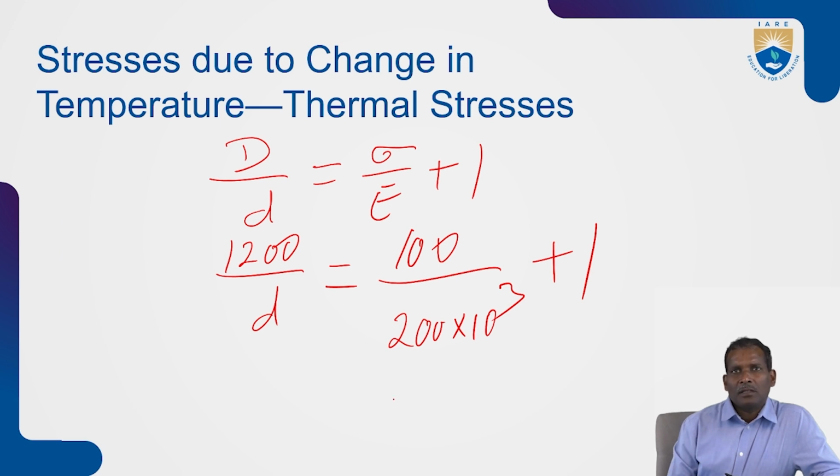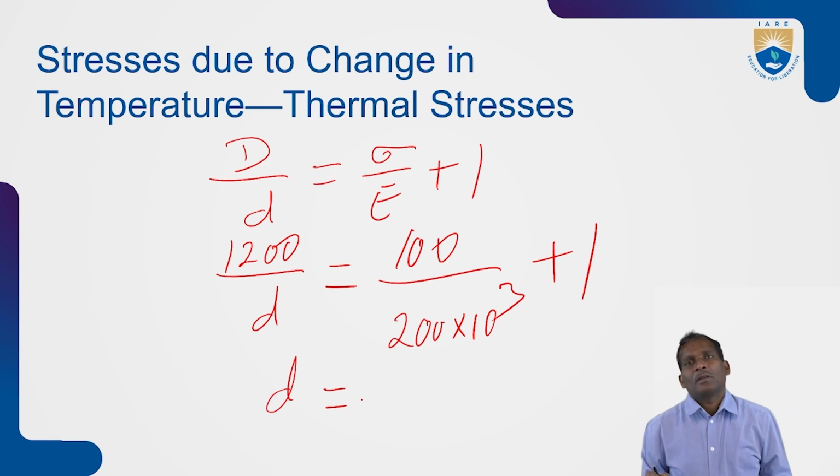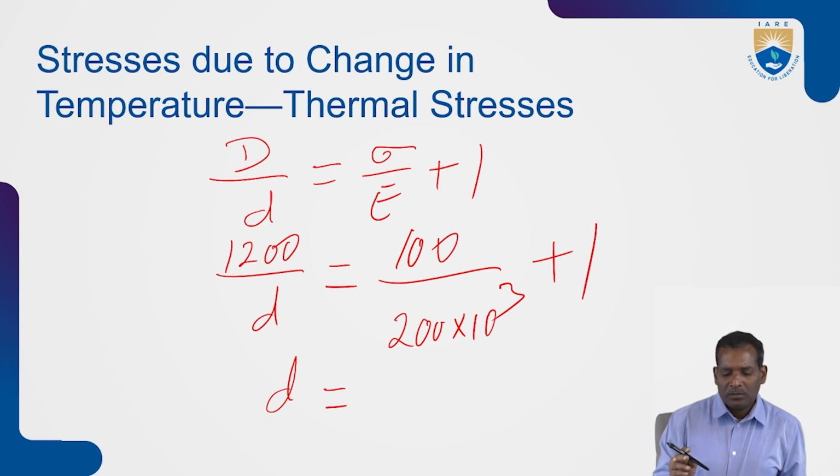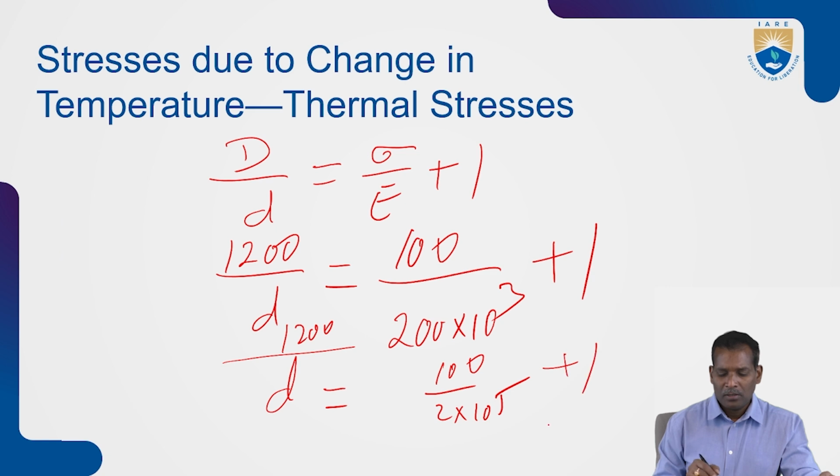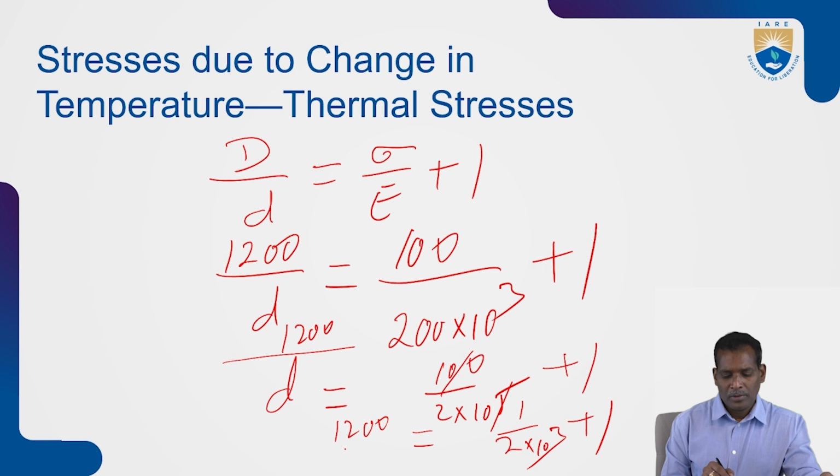So simplify this equation. Small d you will get, the inside diameter. So 1200 by d is equal to 100 by 2 into 10 to the power 5 plus 1. So 2 zeros get cancelled here, and 1 by 2 into 10 cube plus 1 equals 1200 by d.